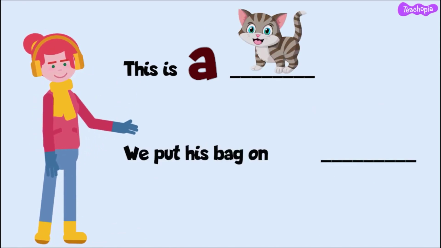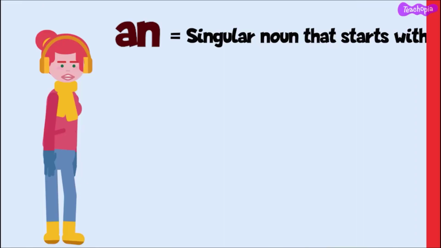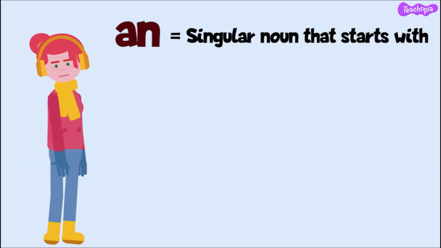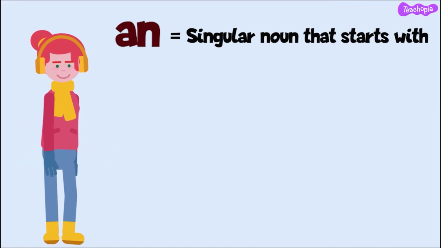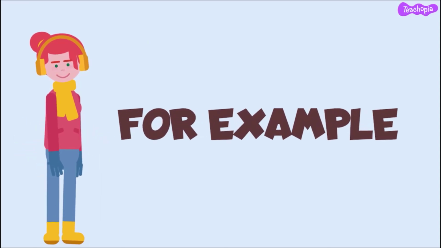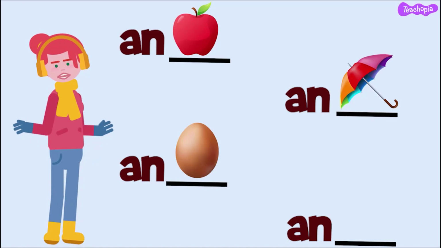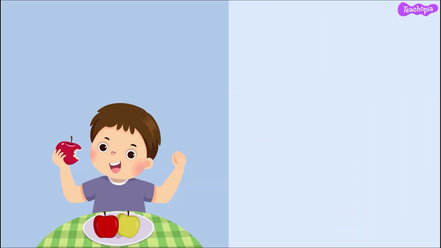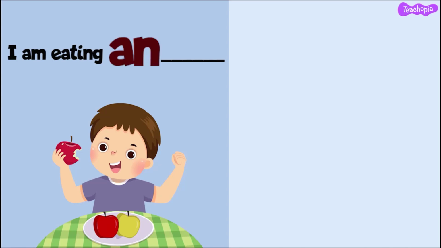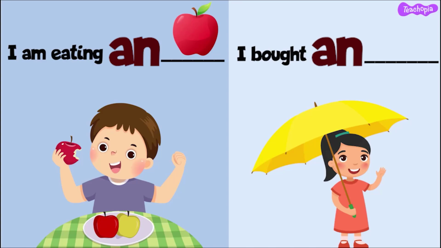We put his bag on a chair. We use an before a singular noun that starts with a vowel. For example, an apple, an umbrella, an egg, an ice cube. For example, I am eating an apple, or I bought an umbrella.